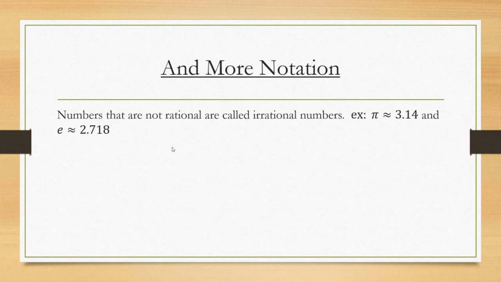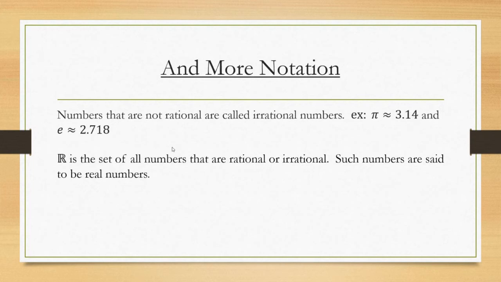But there's rational and there's irrational numbers. Those numbers together form the real numbers. So this is going to be our playground, so to say, the real numbers. These are the numbers you've seen many times, probably. It's just the set of all numbers that are rational or irrational. So that's what the set of real numbers is.